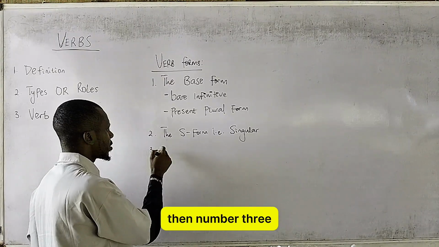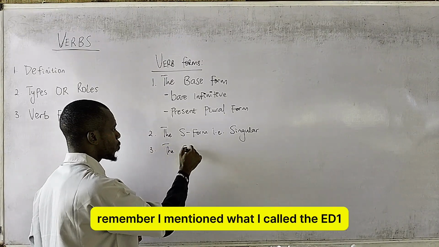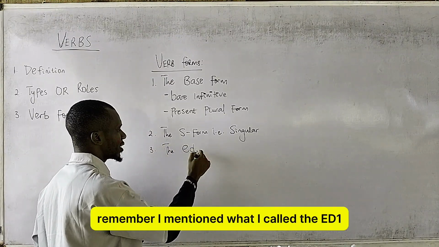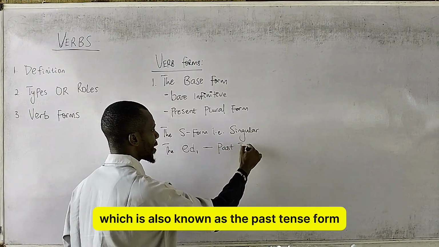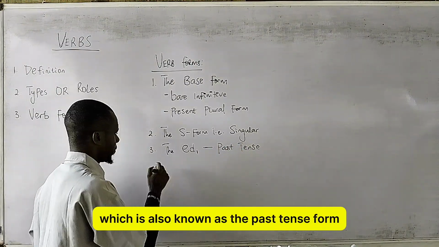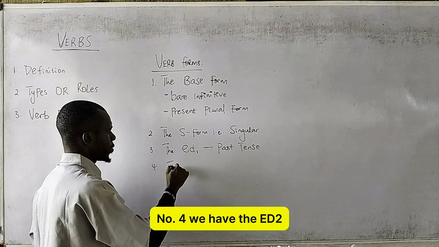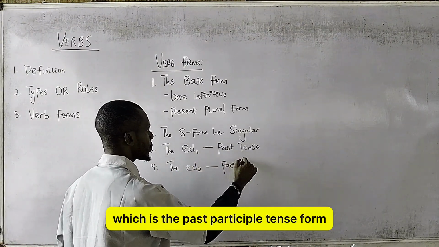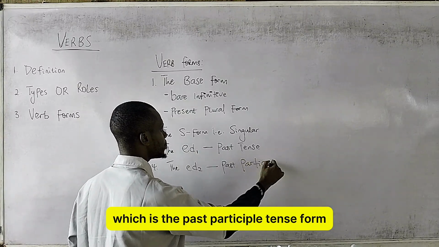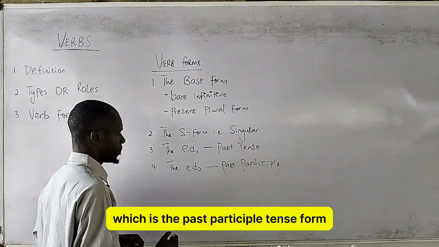Then number 3, you remember I mentioned what I called the ED1, which is also known as the past tense form. Number 4, we have the ED2, which is the past participle tense form.